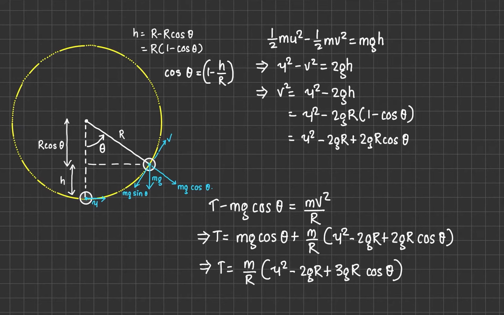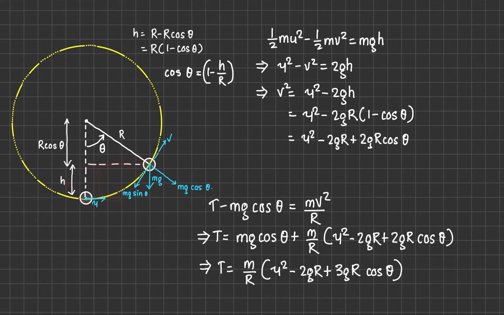Now we have been given a general condition. Here, the string is attached to a ball and it has been given a velocity u. The value of u we do not know yet. At any random point, let's say this is the position of the object and this is the mg force that is acting, and here it is at a height h above its original position.